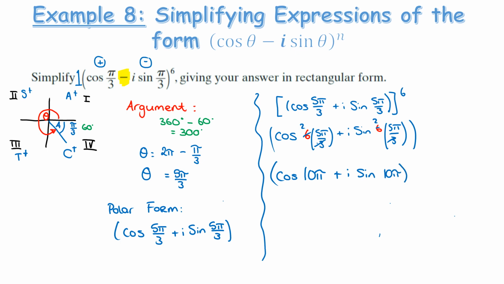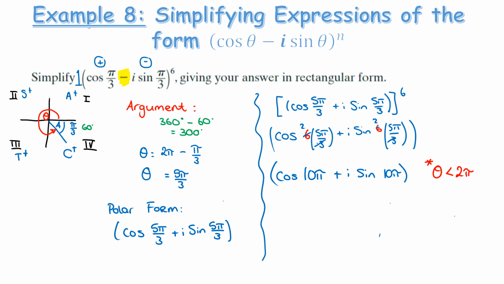Now remember that we will be looking at this point to understand whether θ, our angle, is less than 2π. Because if it's 2π or bigger, we'll have to take away one of our rotations to bring it back to an angle between 0 and 360 degrees, or 0 and 2π if we're talking in radians.